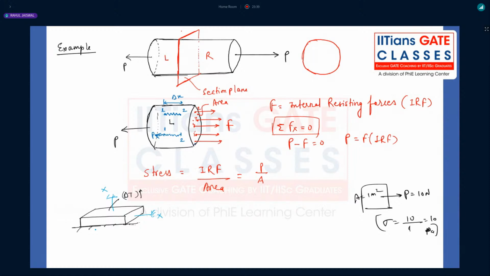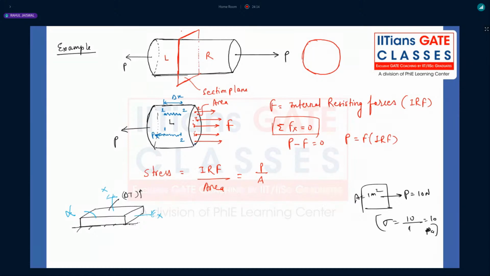So what is going to happen in this case? Tell me guys, whether any internal resistant forces will be developed, because this body, which has a coefficient of thermal expansion, itself wants to expand, and you are allowing that expansion, right? Every material has a coefficient of thermal expansion, and with the help of that property, every material will try to expand or compress, whether you increase or decrease the temperature.